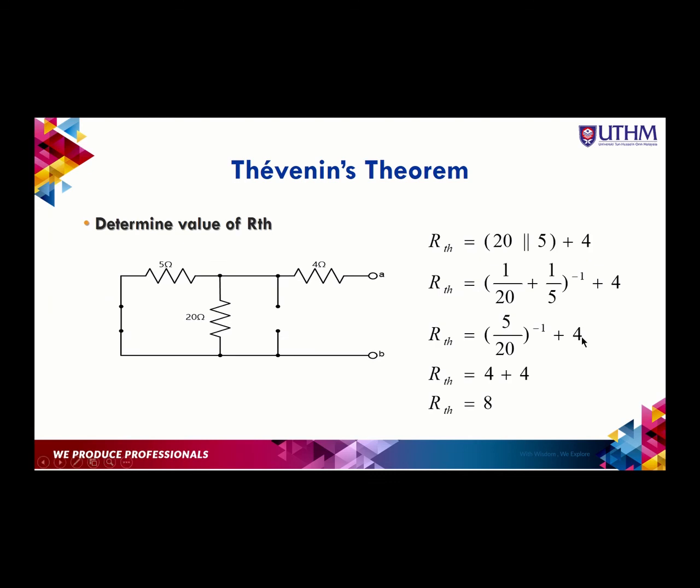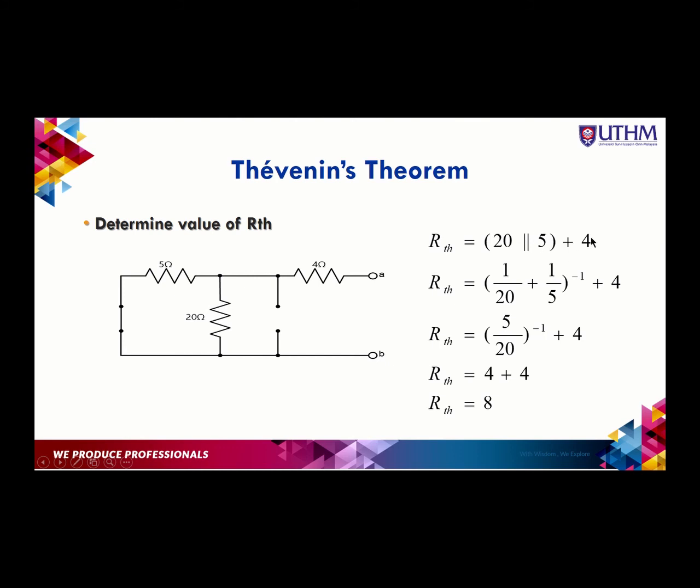So we need to redraw the circuit, and from there we can determine the value of R Thevenin fairly easily. Here the 5 ohm and the 20 ohm resistors are in parallel, and those two parallel resistors will be in series with the 4 ohm, which gives us the equivalent resistance of port AB, similar to R Thevenin.